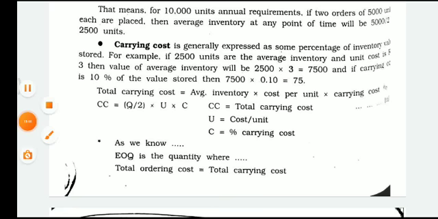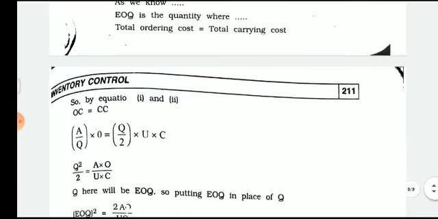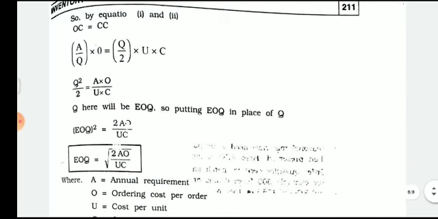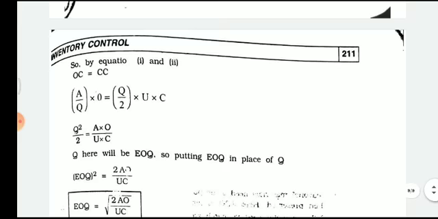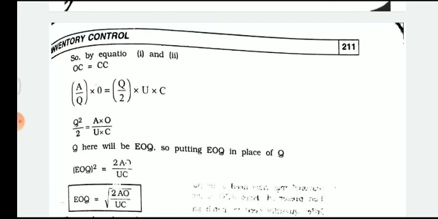Now, as we know, EOQ is the quantity where total ordering cost equals total carrying cost. So it is given by equations 1 and 2. Total ordering cost is equal to total carrying cost, OC is equal to CC.